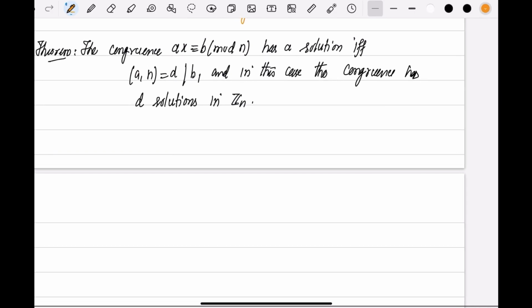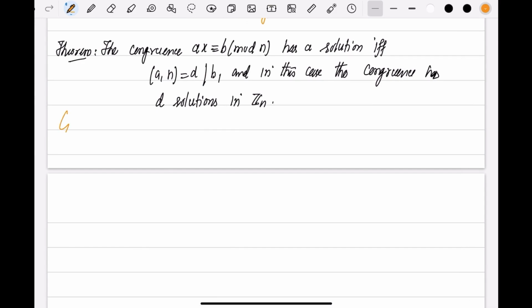And we also take a generalized version of this result.